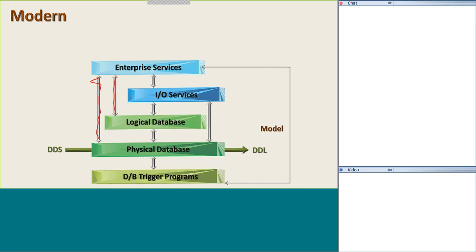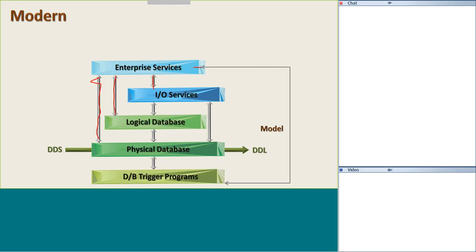Enterprise services can use logical and physical database files directly, as well as through I/O services, because these also have the same protection as your I/O services do. They will not allow uncontrolled access to the database. So that makes up your model.